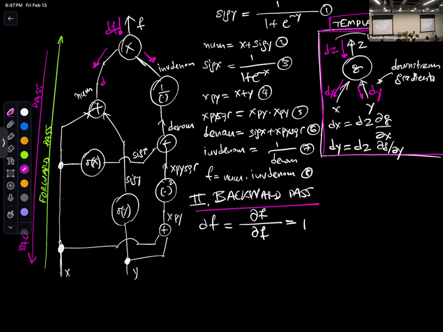The gradient names are d num, and the other one is d in the num. Okay. So let's apply the template.